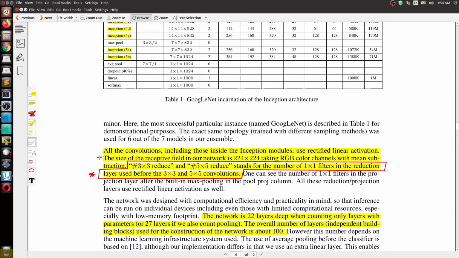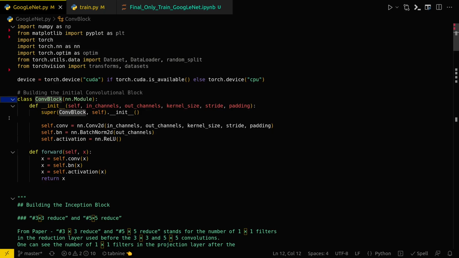Yes, here they write very clearly that all the convolutions, including those inside the Inception modules, use rectified linear activation. The size of the receptive field in our network is 224 by 224. Okay, so this is the important part, that each of these convolutions has a batch normalization and a rectified linear activation. Let's go back. Okay, so that's my conv block.